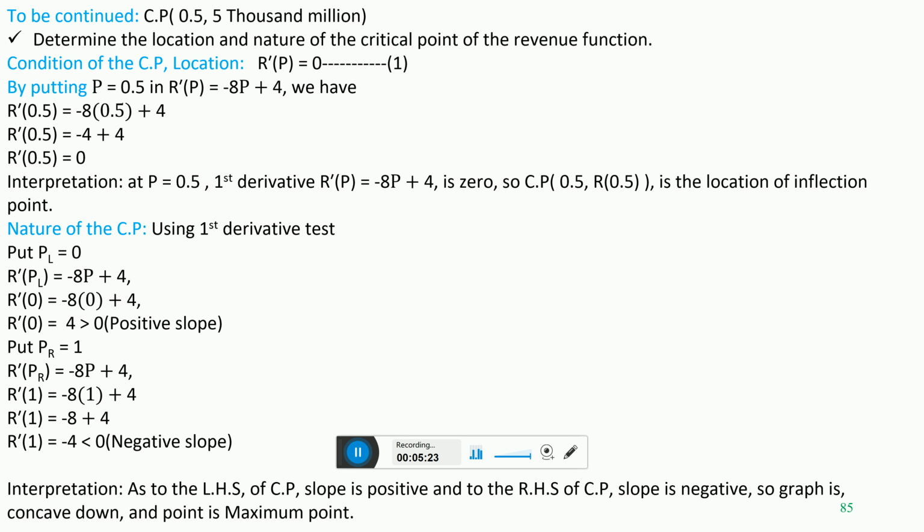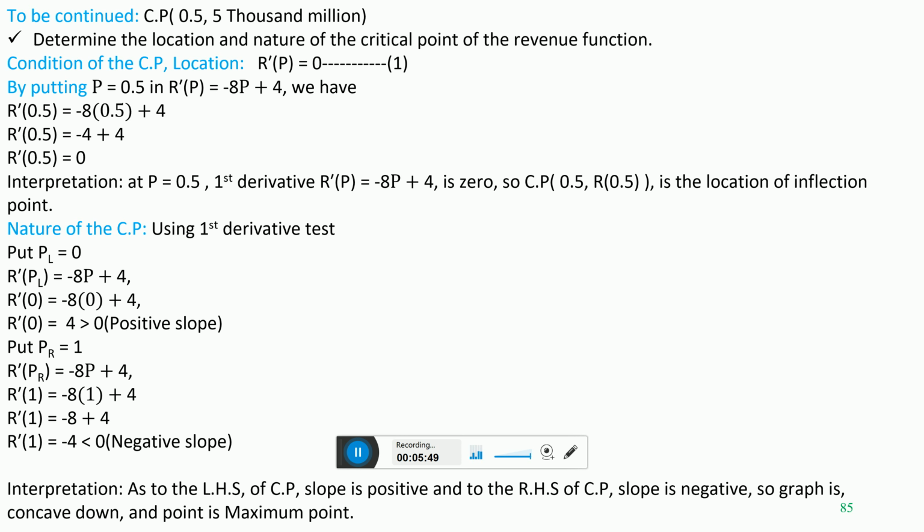We check the slope, the first derivative of the function, to the left of P equal to 0.5, and then we check the slope of the function to the right of P equal to 0.5. If to the left the slope is positive and to the right the slope is negative, then the graph of this function will be concave down and the point will be the highest or maximum point.